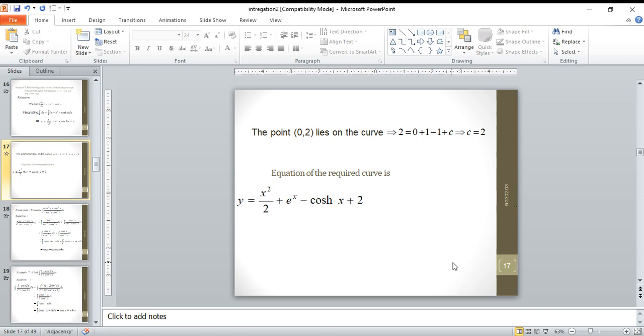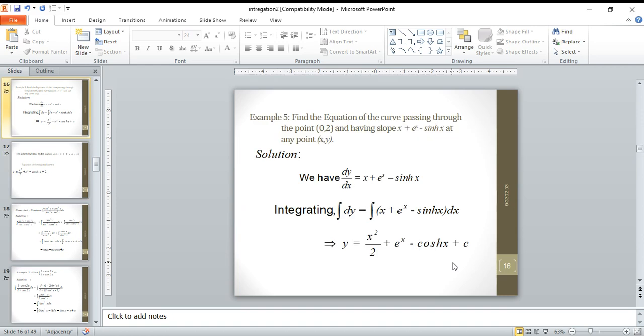Applying the c value, the equation of the required curve is y equals x square by 2 plus e power x minus cos hx plus 2. Don't confuse and don't fear this type of problems. The given is dy by dx, so using dy by dx we get the answer with a constant term.